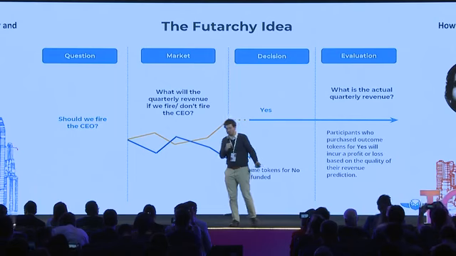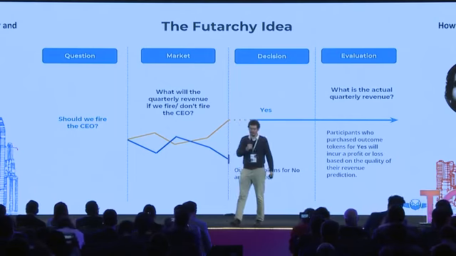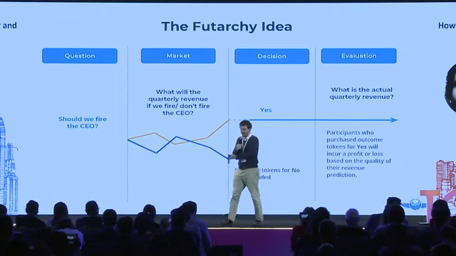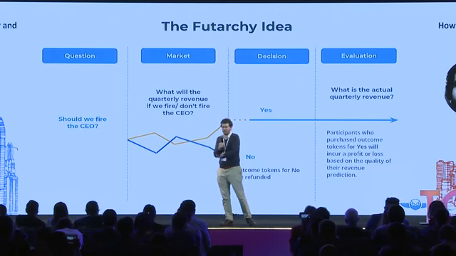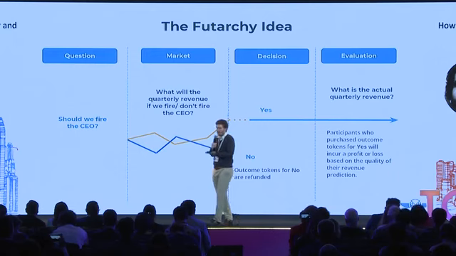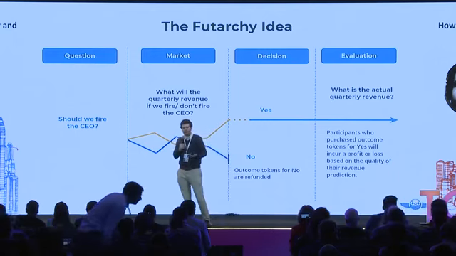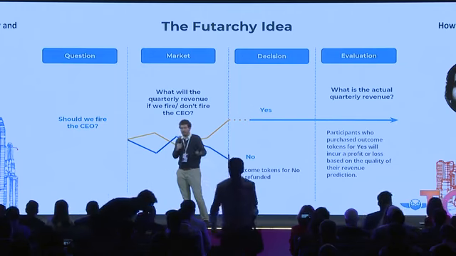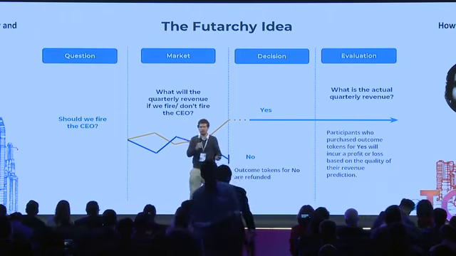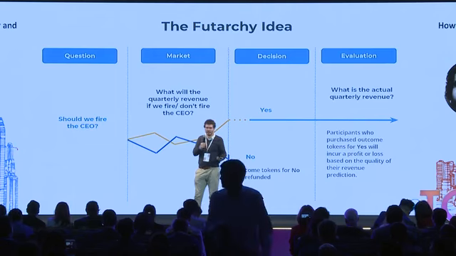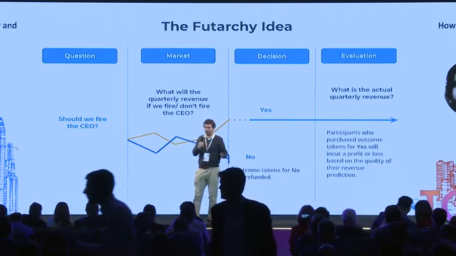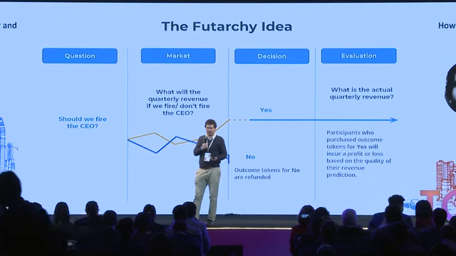In this case, well, we would fire the CEO. And then after some time, finally, there will be an objective evaluation because at some point, in this case, the revenue would be measured, and then those who were right with their forecast, well, they will earn, and if they were wrong, they will lose.